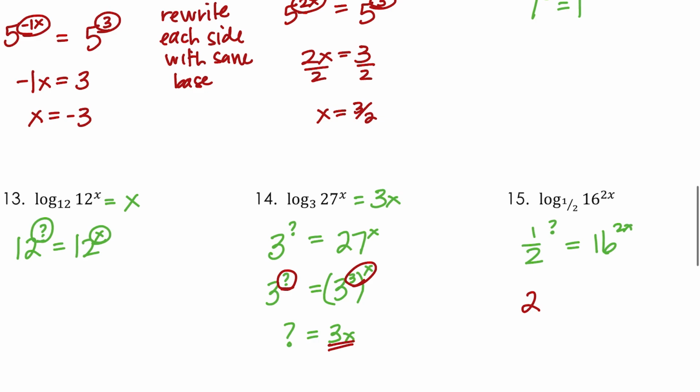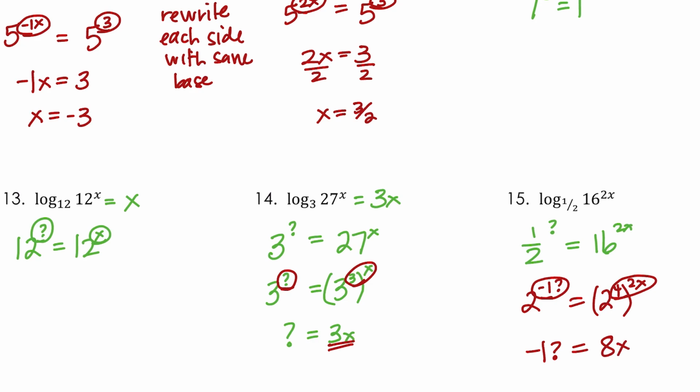So this one is 2 to the -1 times question mark, because 1/2 is really 2 to the -1st power. 16 is 2 to the 4th. And then I still have the 2x there. Okay, so I end up with -1 times question mark equals 8x.